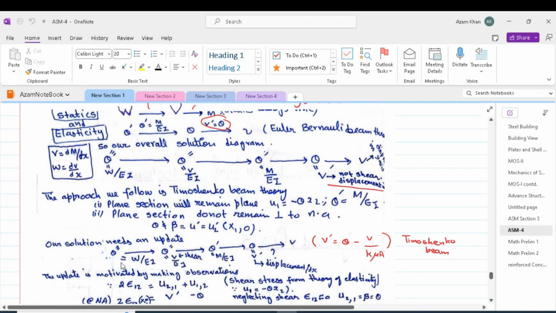We discussed earlier that theta triple prime is equal to W over EI, theta double prime is equal to V over EI, where V is the applied shear, W is the distributed loading, then theta prime is M over EI, and theta is related to v prime by this Timoshenko formula, which is v prime is equal to theta minus V by K mu A. Please note that this v prime is the vertical deflection and this capital V is actually the applied shear.